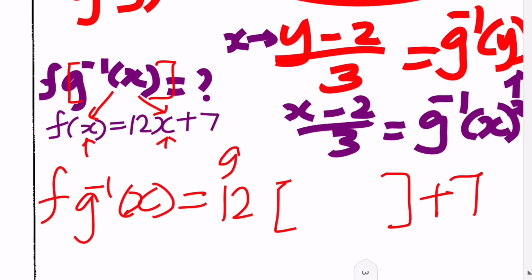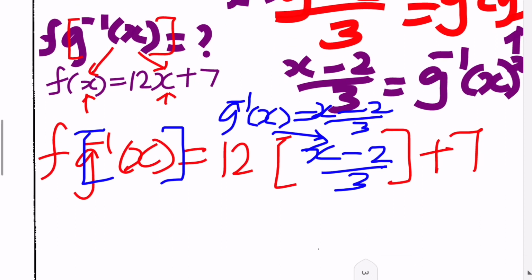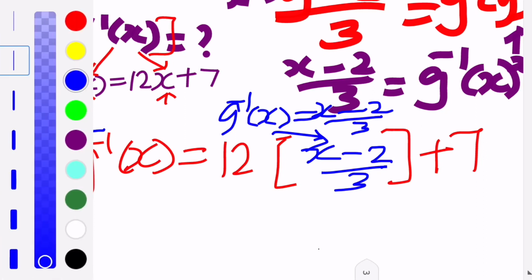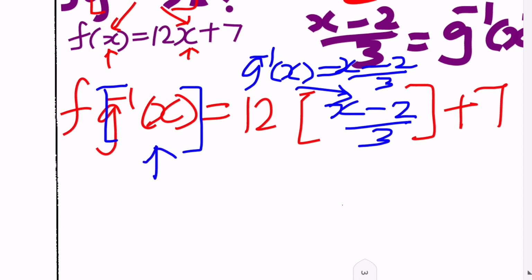On the left hand side you put the symbol g inverse x; on the right hand side you put in (x minus 2) over 3 so that you can simplify the function. So now f with the object g inverse x is equal to 12 times (x minus 2) over 3 plus 7. Now you can simplify the 12 and 3.